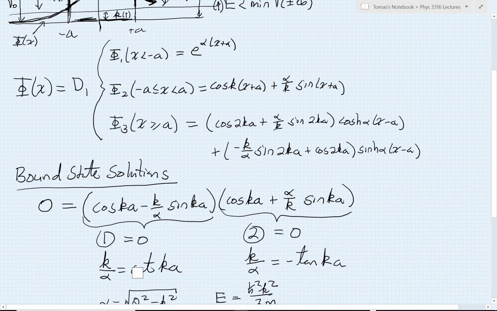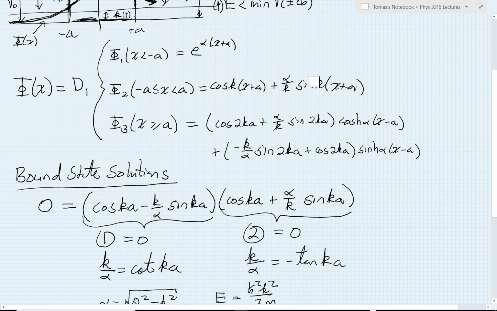Now, k over alpha is either a cotangent or a tangent function, which then has sines of ka and cosines of ka. And what I also notice is that my solution itself can be written in terms of sines of ka and cosines of ka. I see I forgot my factor of k here, excuse me. That's a little annoying, because if I were to expand out these trig functions, I would get cosine kx times cosine ka minus sine kx times sine of ka.